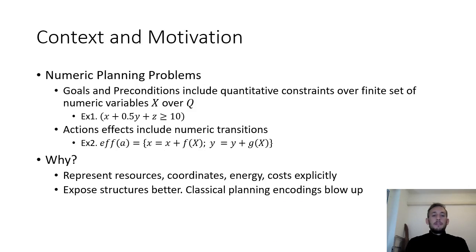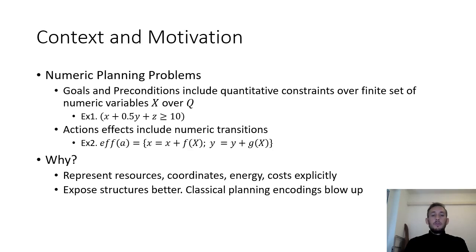Numeric planning problems are deterministic planning problems in which you can express numeric state variables. These numeric state variables can be used in the definition of quantitative constraints that you can express at the level of preconditions of the actions or goals.